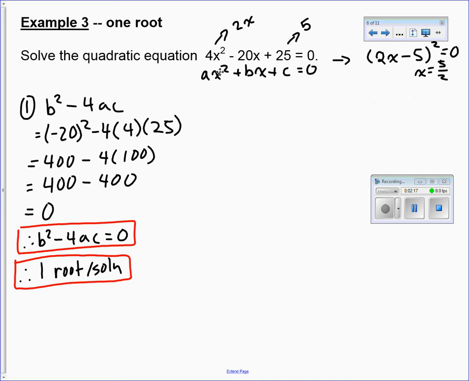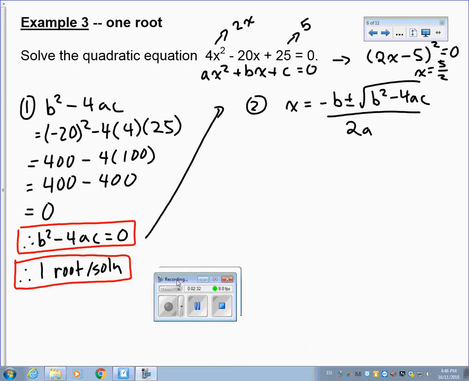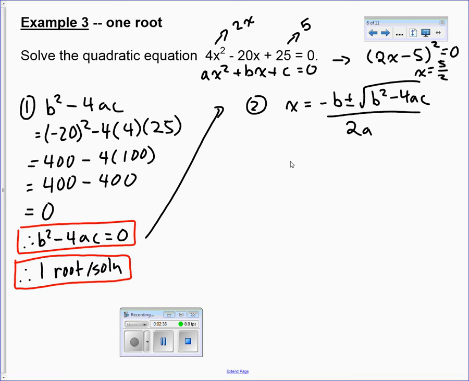Now, let's see if we can get that x-intercept. Okay, so I'm thinking if we do this, we're going to substitute directly into our basic equation for our quadratic. So now when we do that, we're going to get this. We substitute directly in.